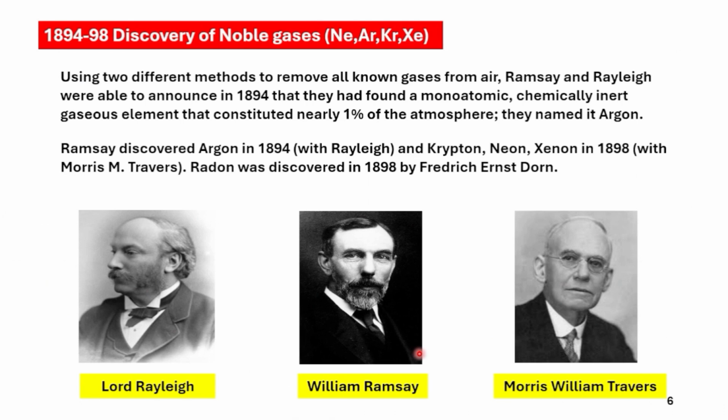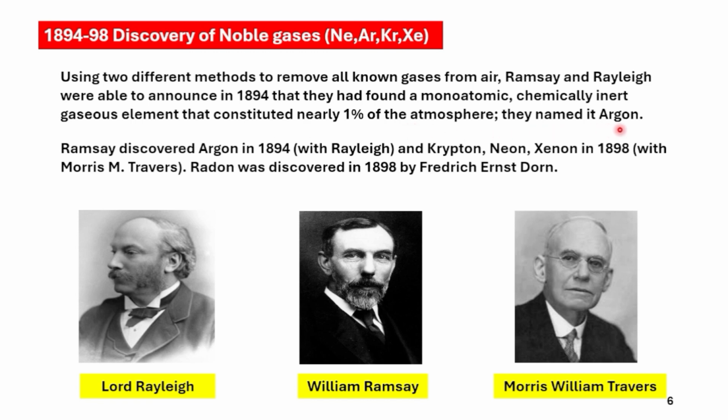So the discovery of noble gases came into the picture in the time of 1894 to 1898. Using two different methods to remove all known gases from air, Ramsay and Rayleigh were able to announce in 1894 that they had found a monoatomic, chemically inert gaseous element that constituted nearly 1% of the atmosphere.